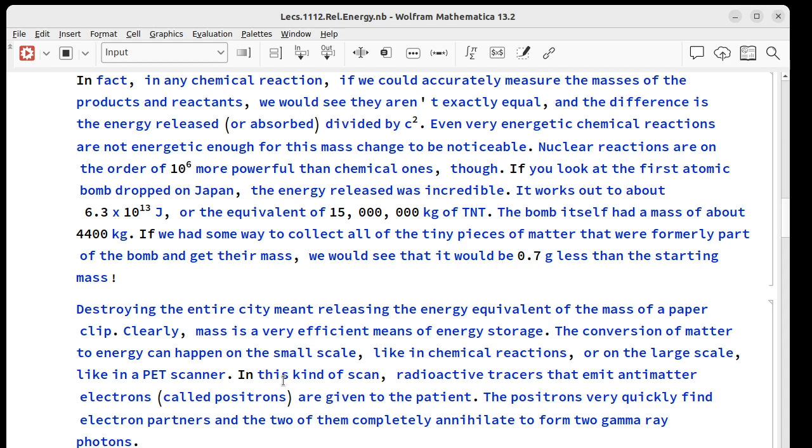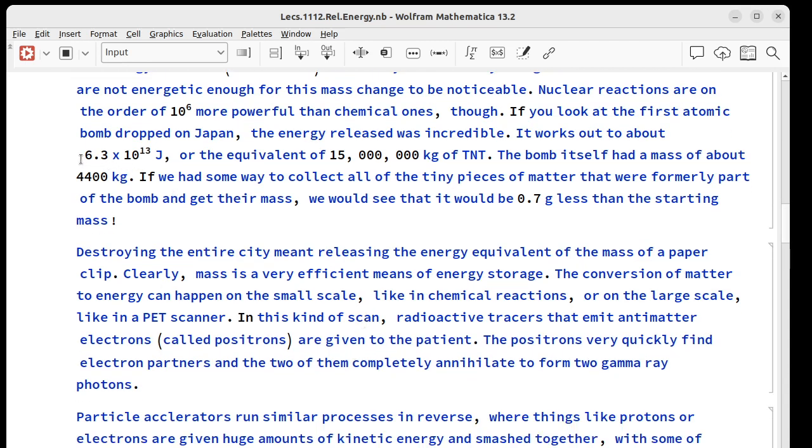If you look at the first atomic bomb dropped on Japan, the energy released was 63 trillion joules. That's about the equivalent of 15 million kilograms of TNT. The bomb itself only had a mass of about 4,400 kilograms, maybe like a large truck or SUV.